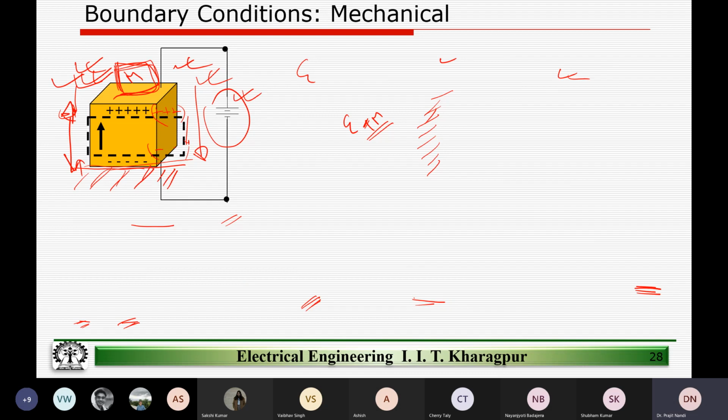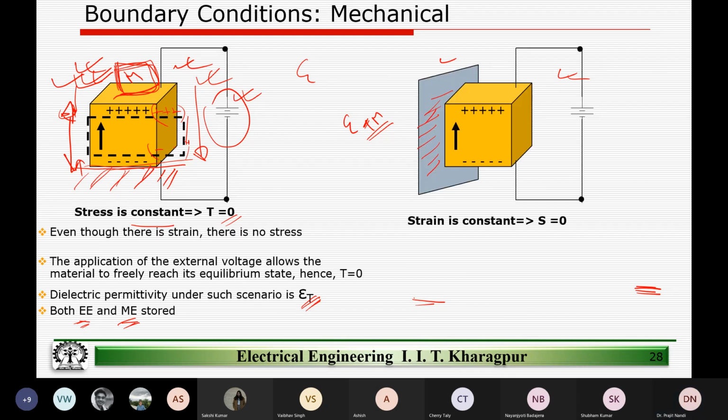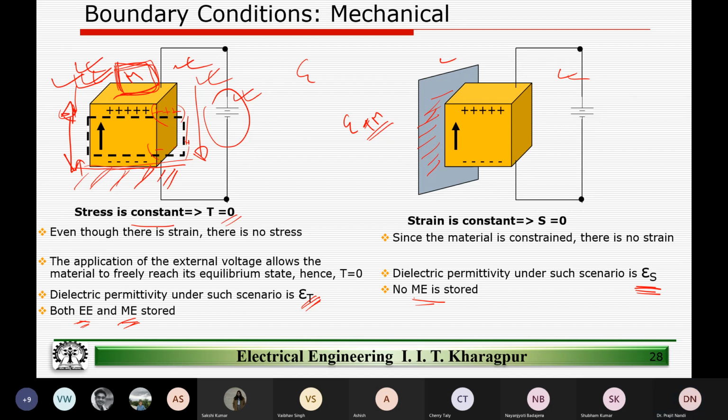However, let's flip it and look at it from an electrical point of view. When we talk of the energy stored in a capacitor, we said it is half CV square. Here on the left hand side, we are actually storing the energy in two forms: as mechanical energy, because we are allowing the material to deform, go up and down, as well as electrical energy.